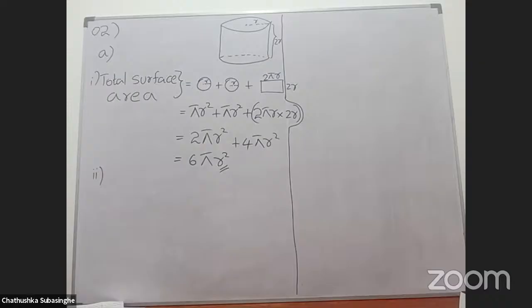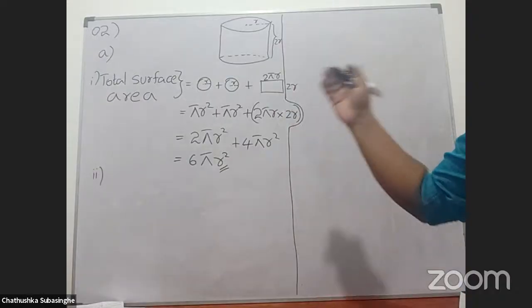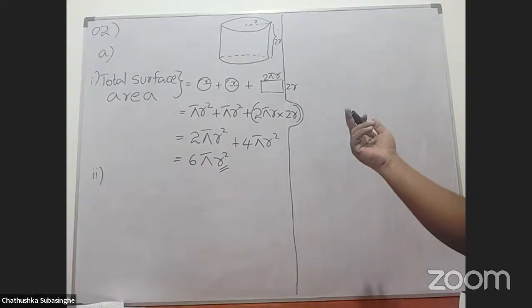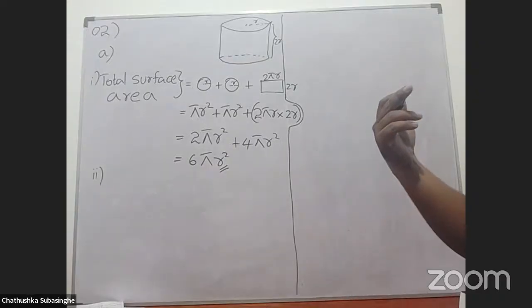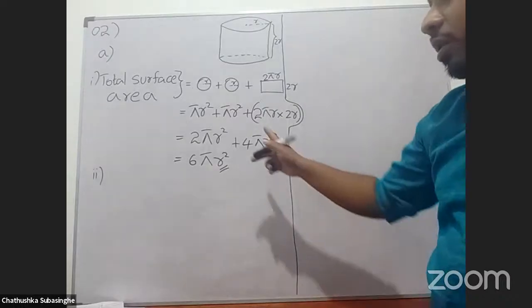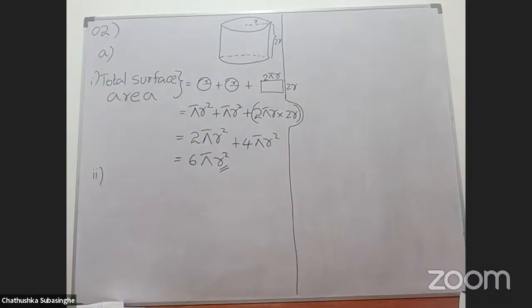So for 1 square unit, it takes 1 rupee. To paint this whole cylinder, it took 24 pi rupees.